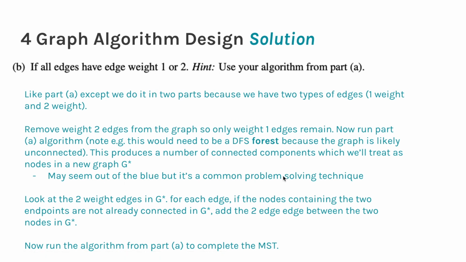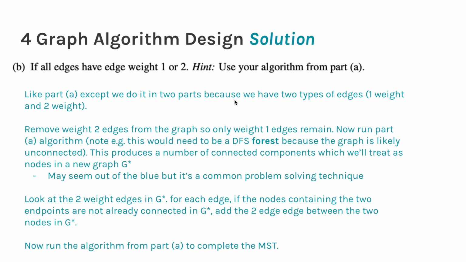So to repeat, for this part of the algorithm, we've removed some edges from the graph, and then we've run a DFS forest, and removing edges basically gave us a number of components that may be disconnected. So we have a number of connected components that are disjoint from one another, and then you treat an entire connected component as a node.